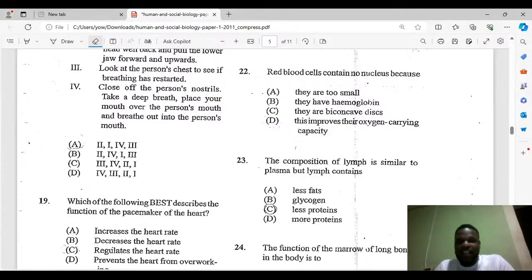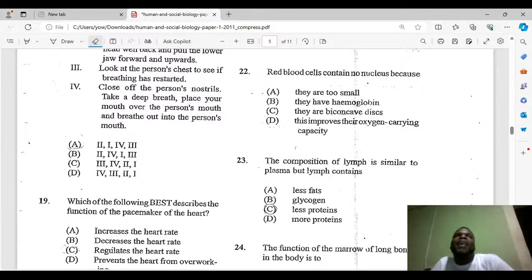I'm seeing C. But all the people who say C are wrong. C is wrong, guys. Why?